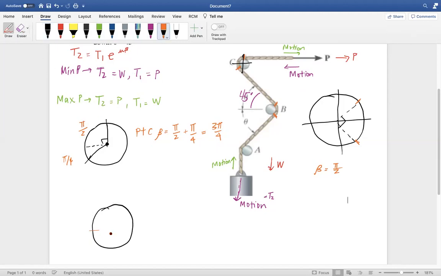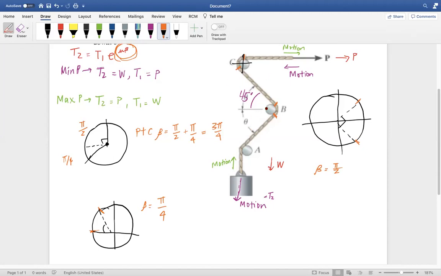So it's hitting on this diagonal. So now you're looking at, here's 90, but you're only looking at this little section of it right here. So that would make beta equal to pi over 4.